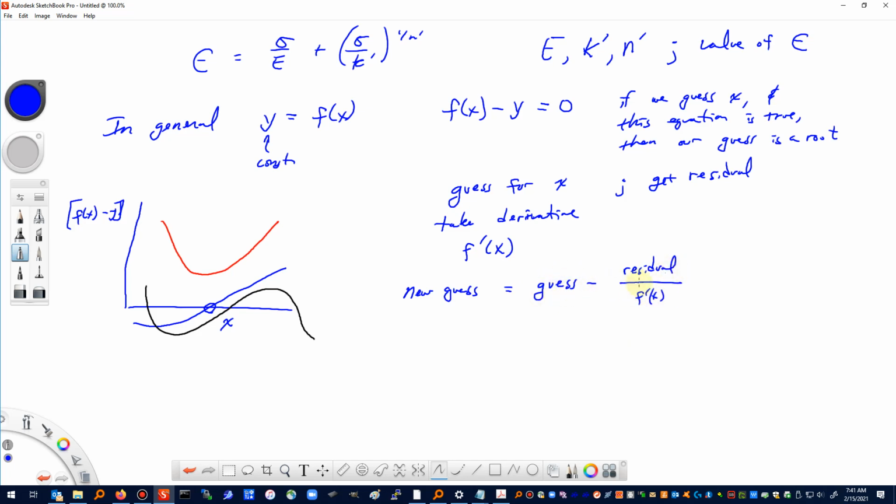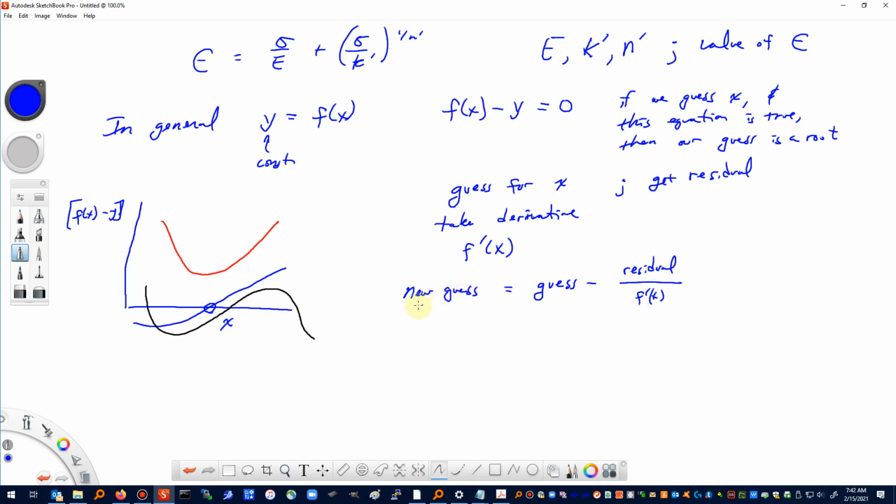If for some reason we were able to guess the right value on the second time, this residual would be 0, and so we wouldn't have any modification to our guess. Our new guess and our guess value would be the same. However, if this new guess isn't very close to solving this equation, f of x minus y, the constant, equal to 0, then we do get a modification, and then we get a new value for the guess.